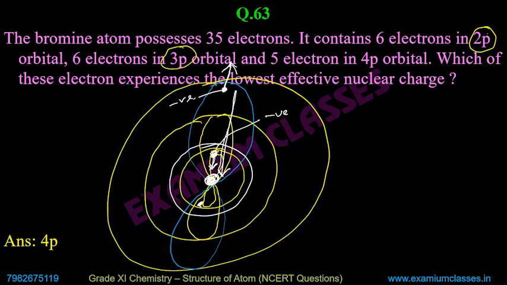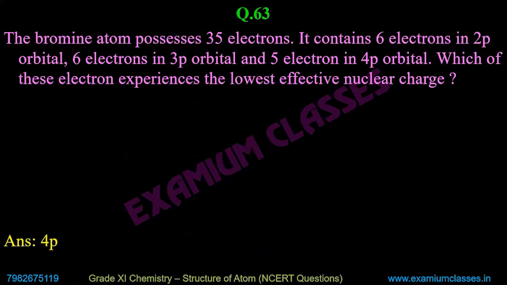So say the force of attraction was 10 units and due to repulsion there is 1 unit. So the effective is 10 minus 1, that is 9 units only. So two reasons there. First, it is in between the two species, so there will be a decrease in force of attraction. Second, there will be repulsion, which will result in less force of attraction. So these two factors result in the shielding effect. 4p is the correct answer.